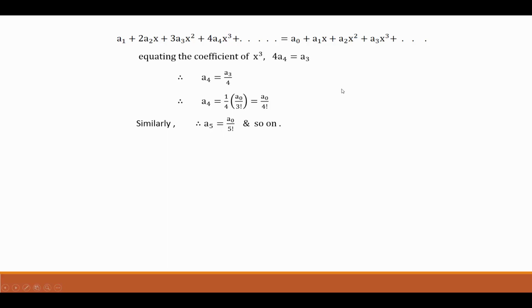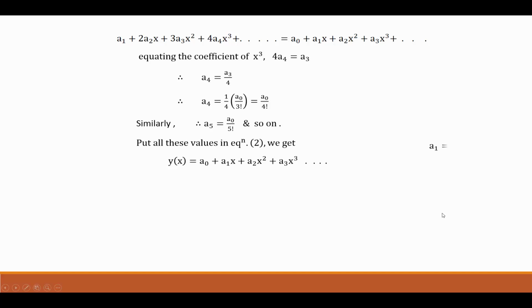Put the values of a1, a2, a3, a4, a5 in y. Put all these values in equation second, means in y we get y of x equal to a0 plus a1x plus a2x square plus a3x cube plus dot dot dot.